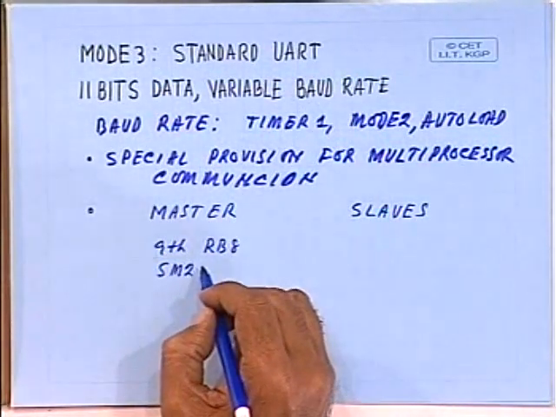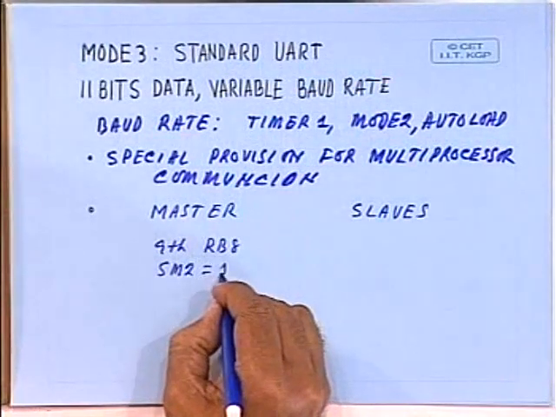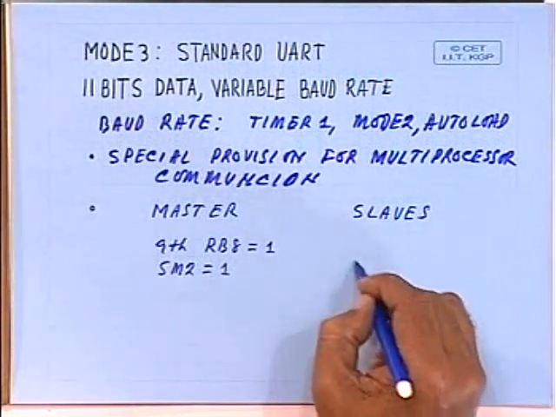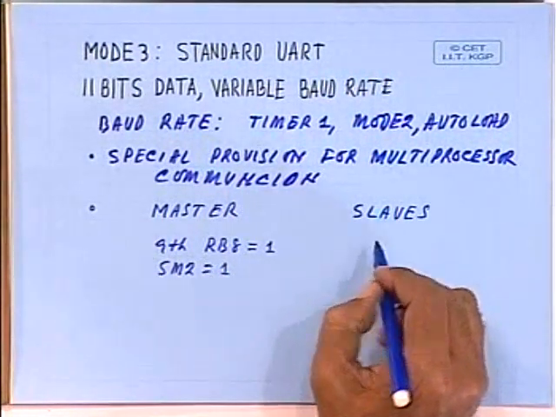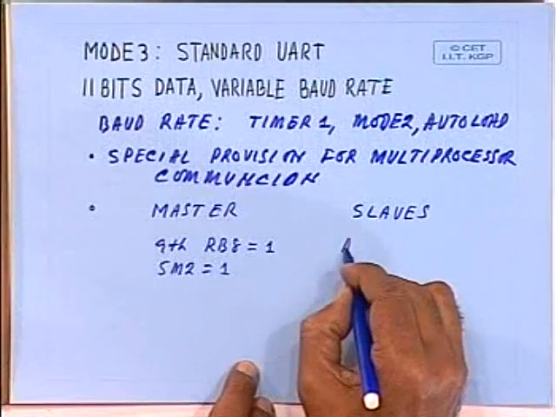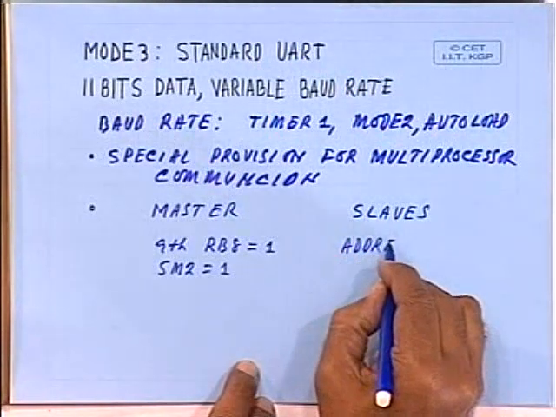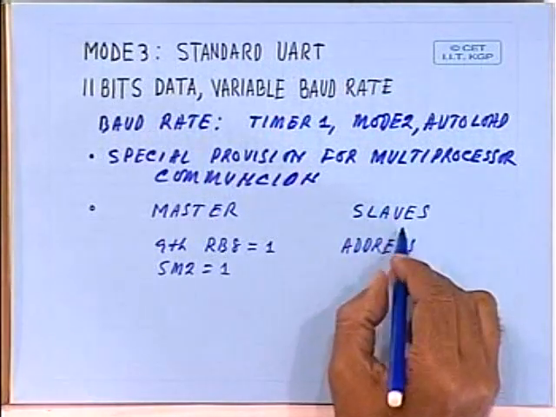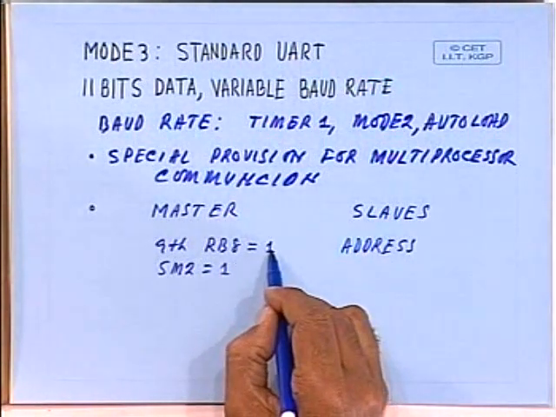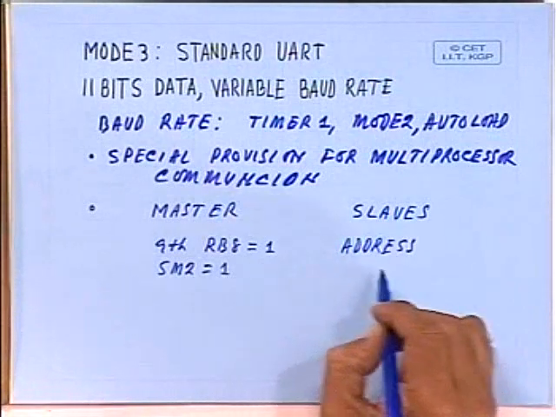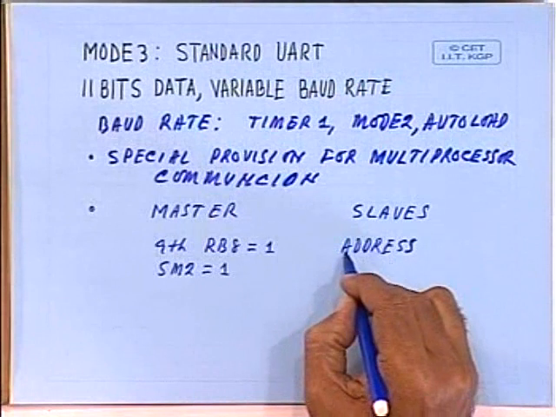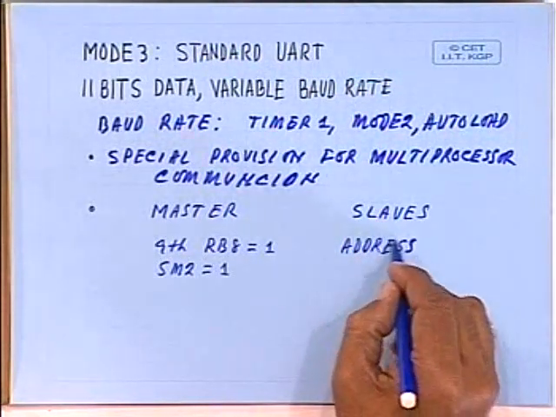How it is done? Whenever SM2 is 1 and RB8 is 1, then all the slaves will be interrupted. All the slaves which receive that address character, that means in this mode you are sending address, having this RB8 bit 1 and SM2 bit 1 will be interrupted, and as a result they will check whether their address matches with the received address.